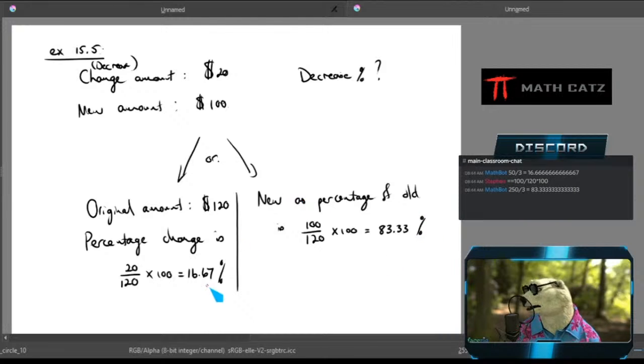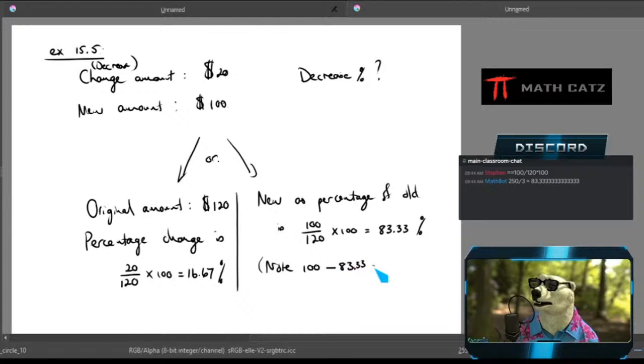Now again, this is the answer. If I take the right route, then I get the new percentage, not the percentage decrease. So I have to go down, and let's maybe say here, note from 100% down to 83.33 is going to be my 16.67.